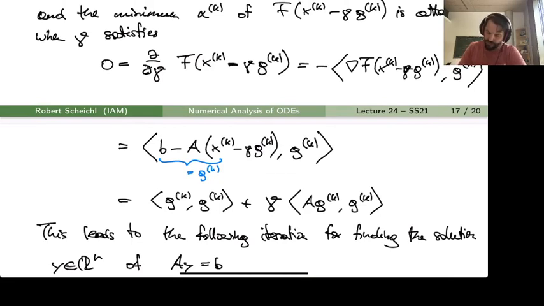If I rearrange this, this simply tells me that gamma should be, or that alpha_k should be, the minimum should be minus g_k divided by A g_k.